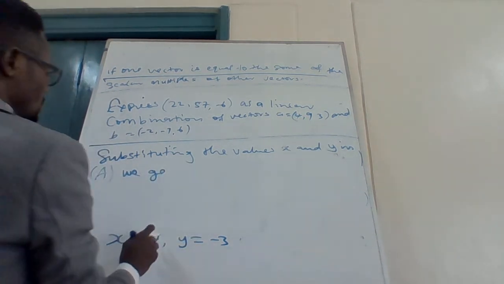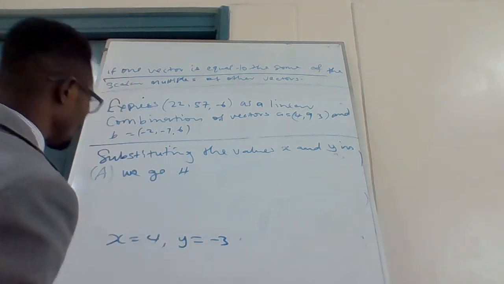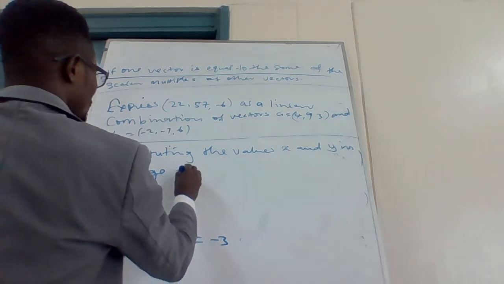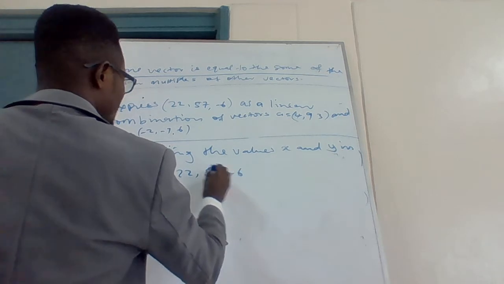So we get the value for x is 4, but remember our alpha was 22, 57, negative 6.